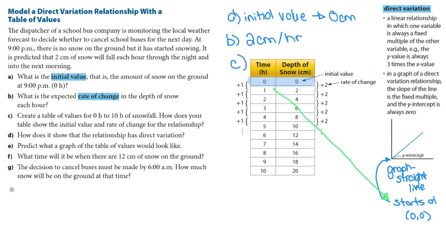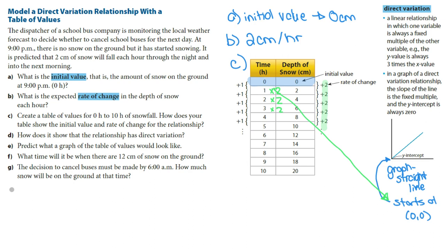The rate of change, you can see, is not only that the depth of snow increases by 2 each time, but also, if I look at 1 hour times 2, I get the depth of snow. 2 hours times 2 gives me 4, the depth of snow. 3 hours times 2, I get the depth of snow.